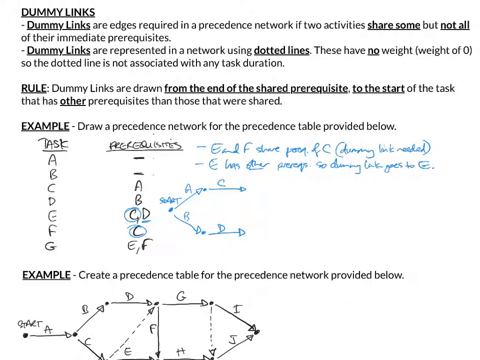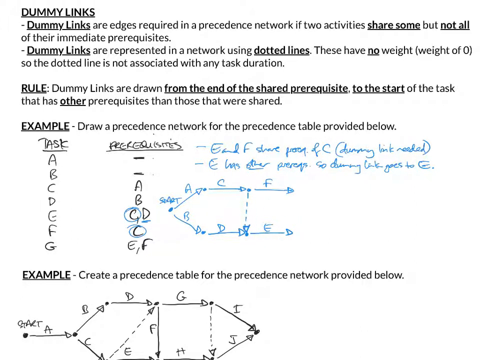E has the prerequisites of C and D. F has the prerequisite only of C. F is the one that has no other prerequisites, so it has a solid line coming off of C. E has the other prerequisite, so the dummy link goes to E. So E comes from D and C, but to show that it has a dummy link from C to E, we go from the end of C, the end of the shared prerequisite, to the start of the task that has other prerequisites.